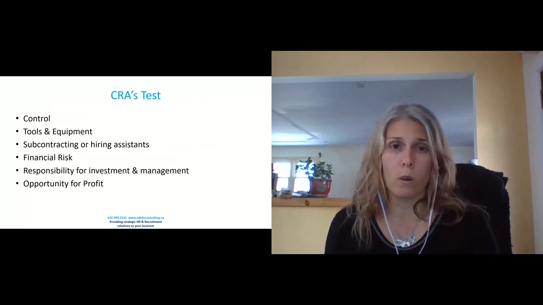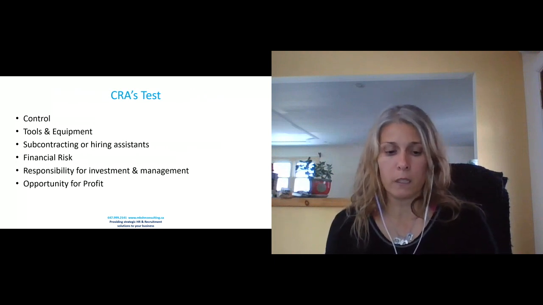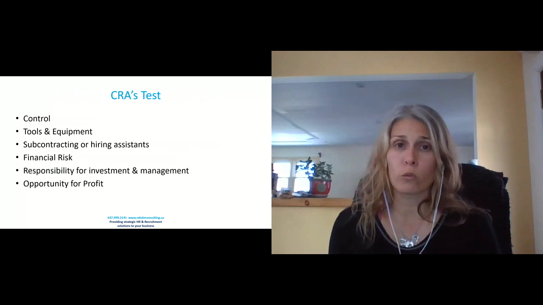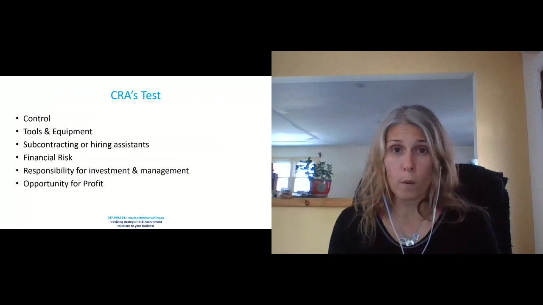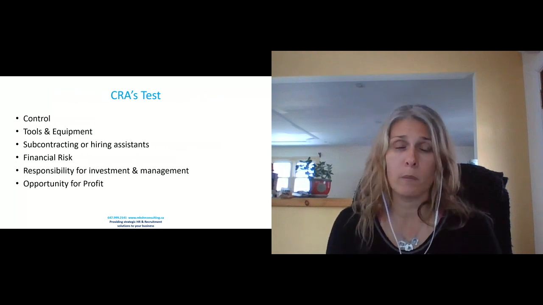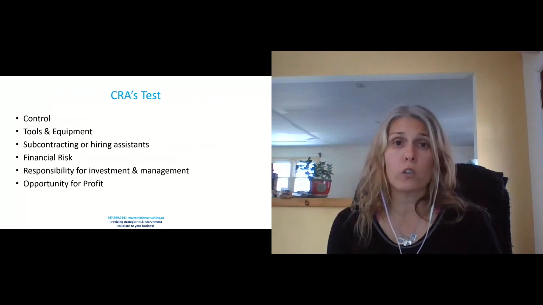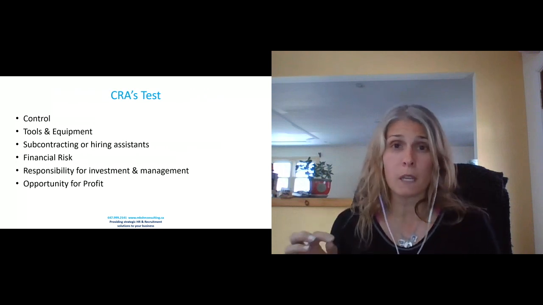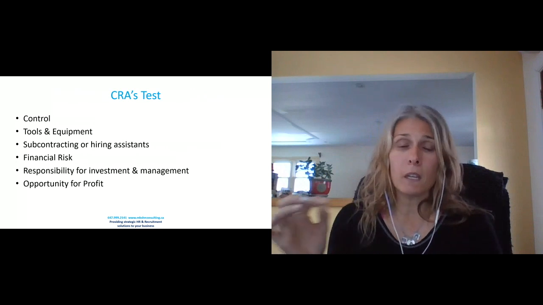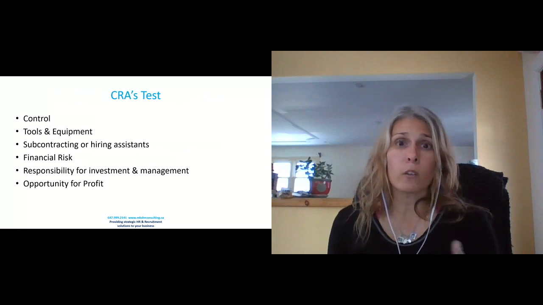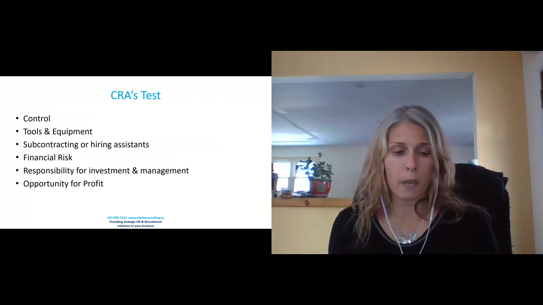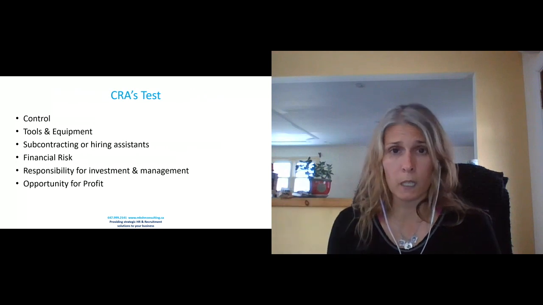So control, what they look at in that aspect is who has control of the relationship? Who is determining what work is to be done, when it's to be done, and how it's to be done? If the contractor is the person that's making that determination, then it is a contractor relationship. Because when you have an employee on your payroll, as their employer, you tell them, okay, I'm hiring you as my executive assistant.